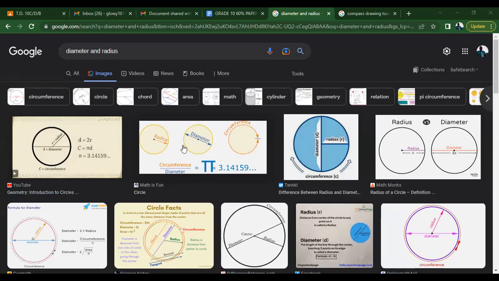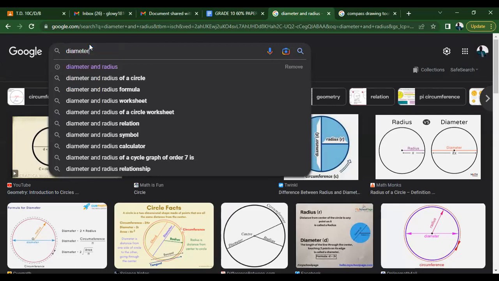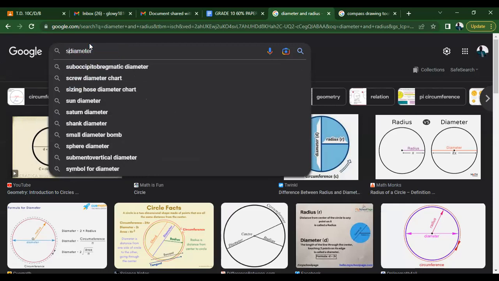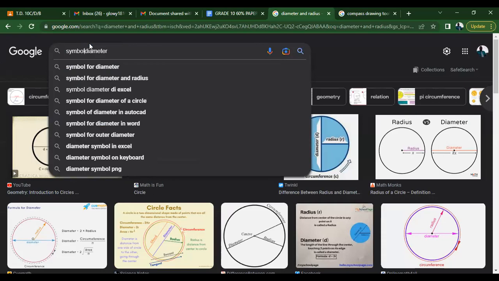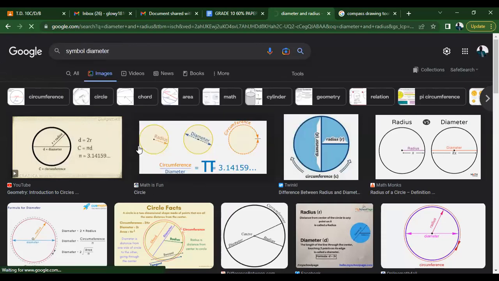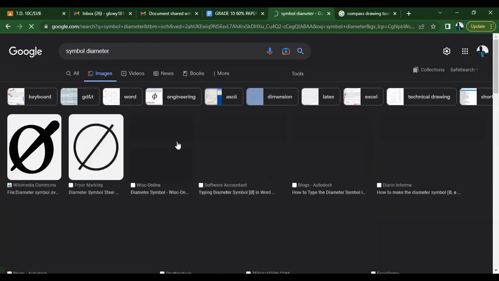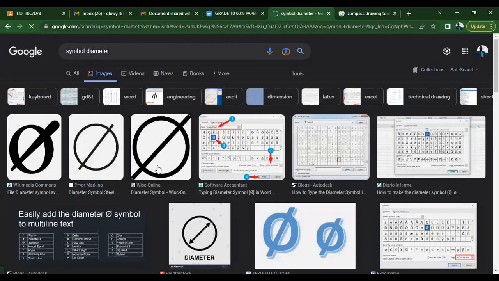The symbol for diameter is just a circle with a line through it, right? Simple like this, like a cancellation sign. There's a circle with a line through it.